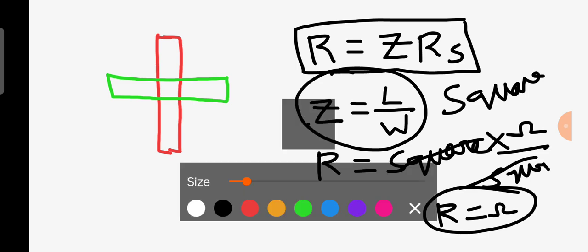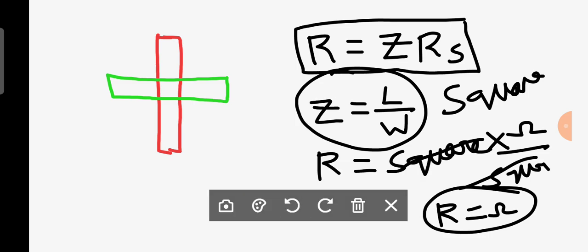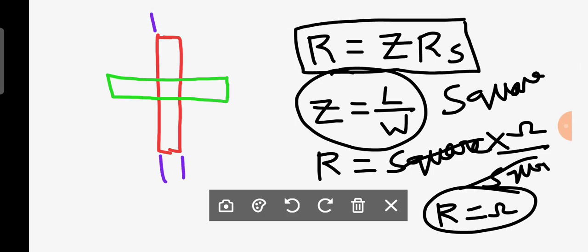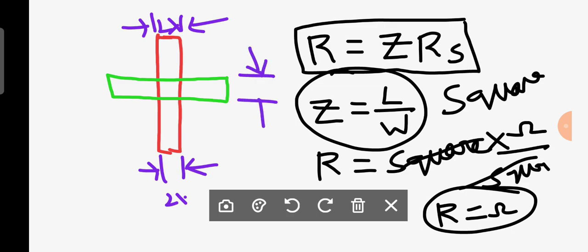Let us assume that here the width of this polysilicon is 2 lambda. Here also 2 lambda. What is the width here? 2 lambda. Now you can observe the length of your channel is also 2 lambda, and the width is also 2 lambda.